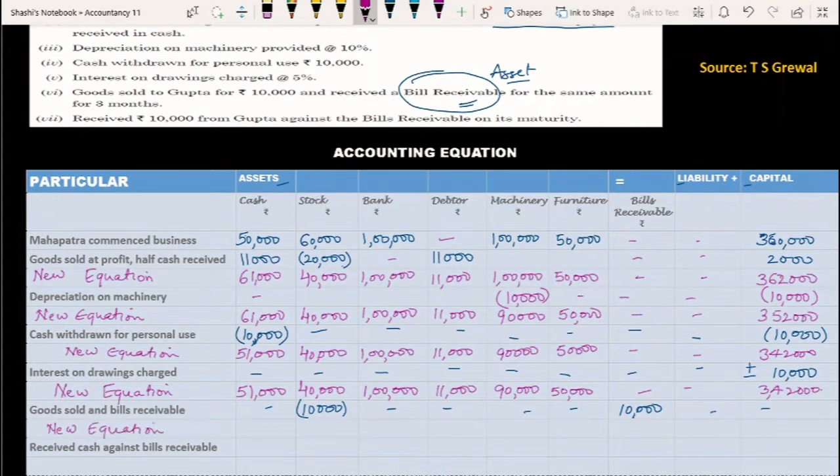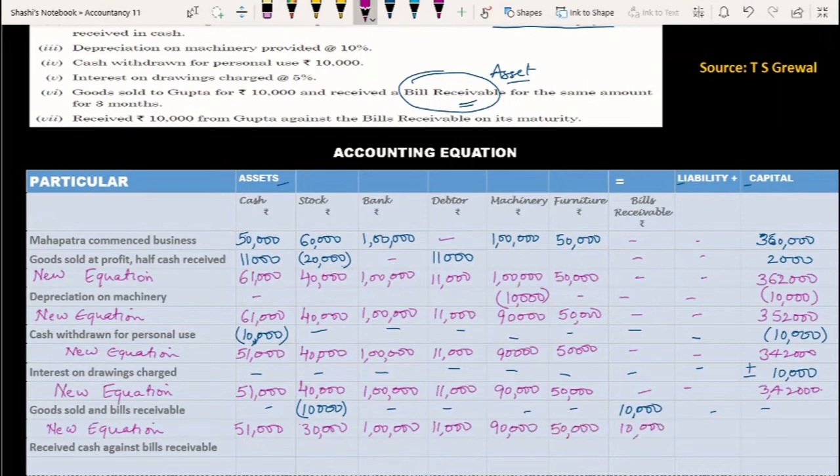Fine. So now here we are going to have a new equation again. So new equation will be 51,000. This 40 minus 10, stock reduced, 1 lakh, 11,000 as it is, 90,000, 50,000, and we have bills receivable also.